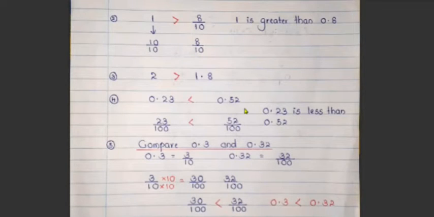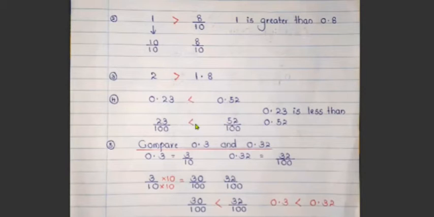0.23 and 0.52 in decimal form. We write this in fraction form. After the decimal point, there are two numbers. Then you have to write out of 100. 23 over 100, 52 over 100. Denominators are same.